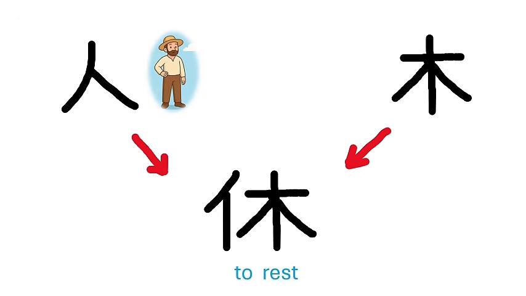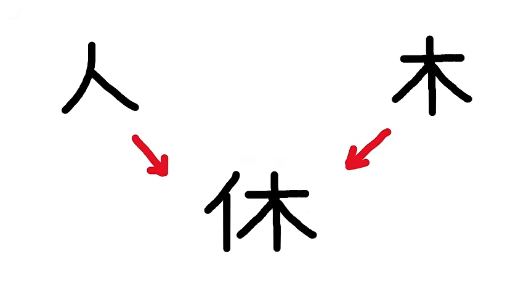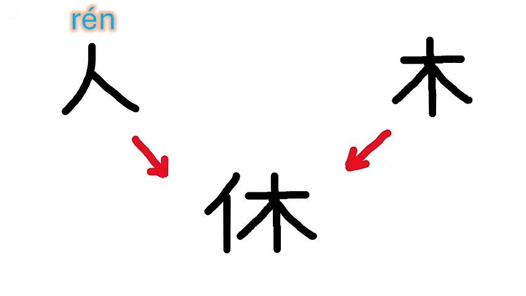In ancient times, people would lean against a tree trunk to rest, so the meaning is very logical. The pronunciations are 人, 木, 休, and they have nothing in common. The new character was created by combining the meaning of 2 parts.